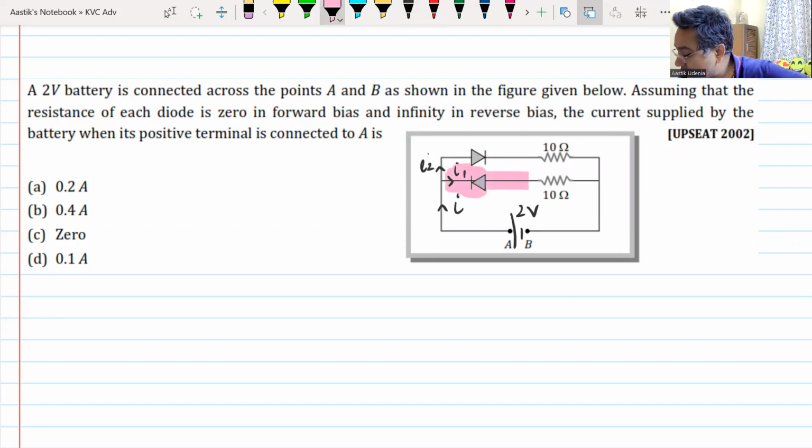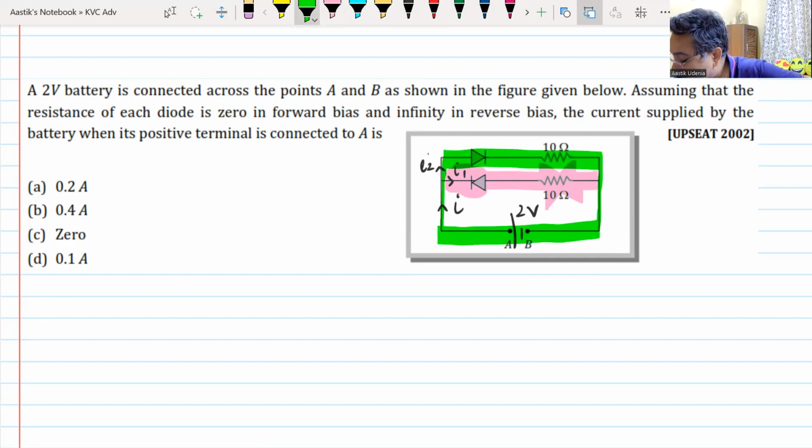How much current will flow in this branch? 0, sir. The current in this branch would be 0 because this diode would be reverse bias. No current can flow, so I current will be equal to I2 current.